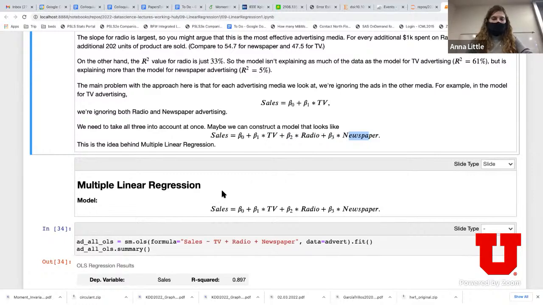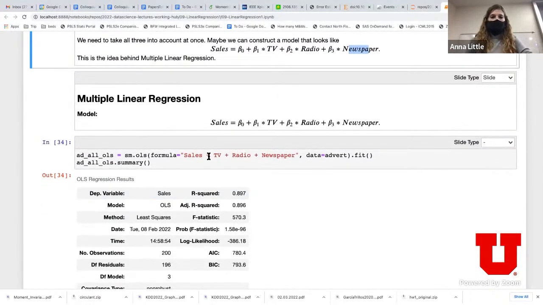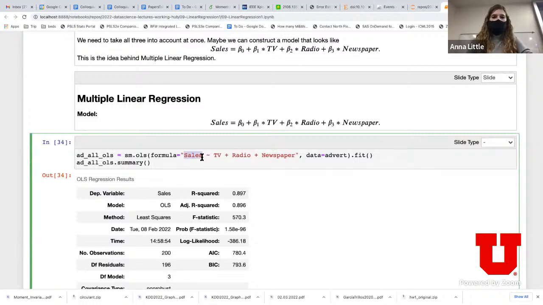Okay, so let's try this. Multiple linear regression. We can run it in the exact same way as we did before. Now we're going to try to predict sales as a linear function of TV plus radio plus newspaper using all 3 of those explanatory variables at the same time.